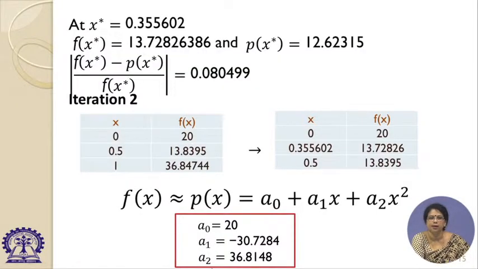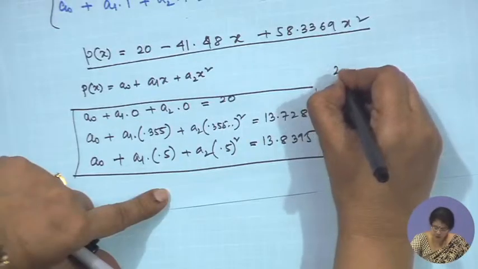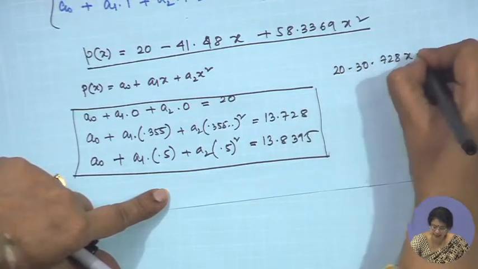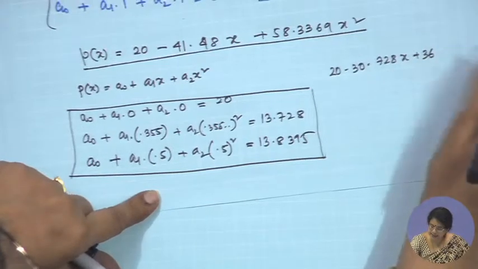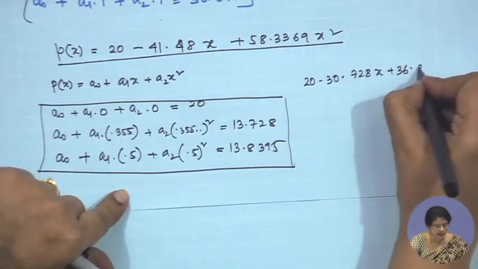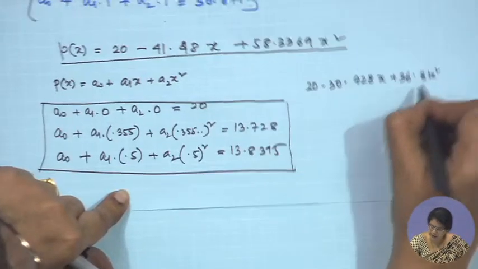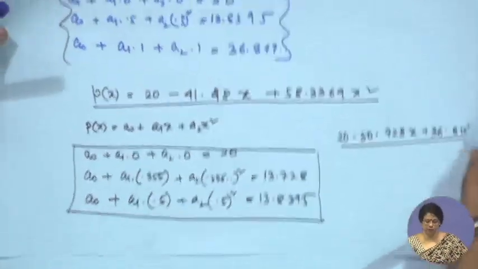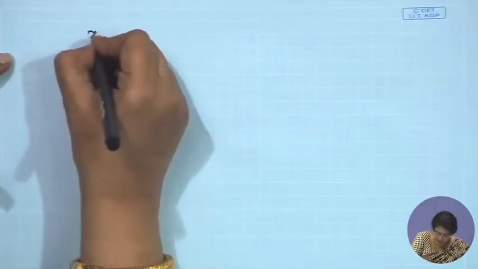That means we are getting another polynomial. What is that polynomial? The polynomial is 20 minus 30.728x plus 36.81x square. This is my polynomial. Let us see whether this polynomial is fitting the function or not. For checking that, you need to find out the x star value.